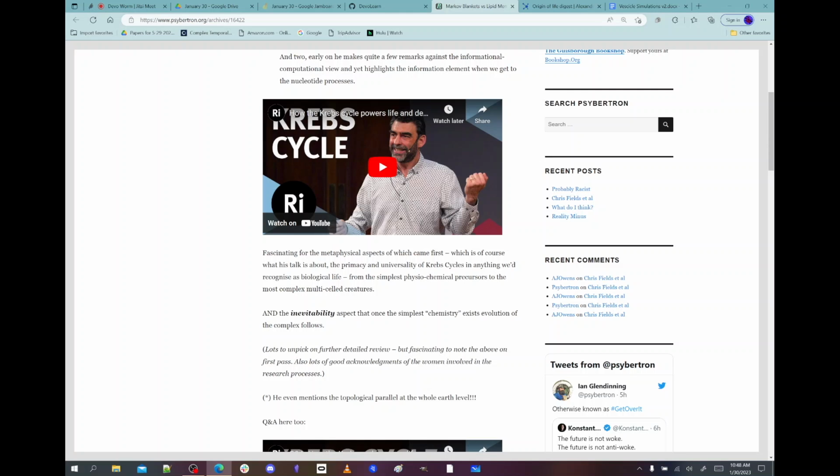He also thinks about the inevitability aspect, that once the simplest chemistry exists, evolution and complexity follow. So in other words, you have this simple chemistry, and it's inevitable that life will evolve from that, and that complexity will emerge from that. And I think that's an interesting point, because people tend to always throw around this term that life is rare, that you don't see it everywhere.